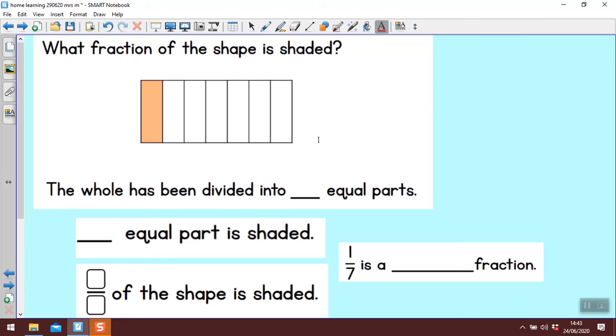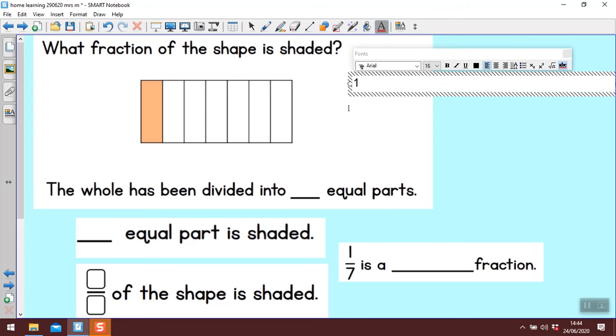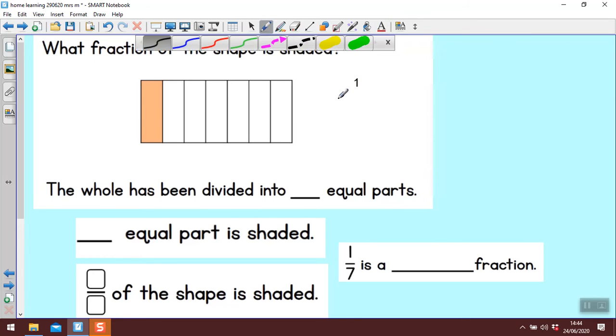Now look at this picture here. What fraction of this shape is shaded? So remember, a fraction is something out of something. So 1 piece out of how many pieces are shaded? 1, 2, 3, 4, 5, 6, 7.